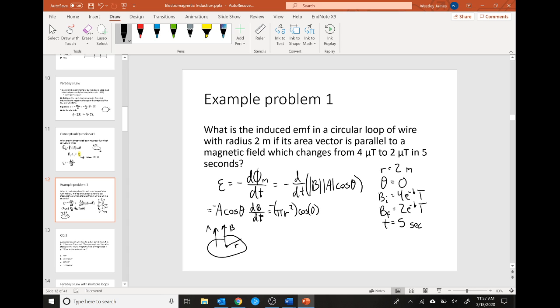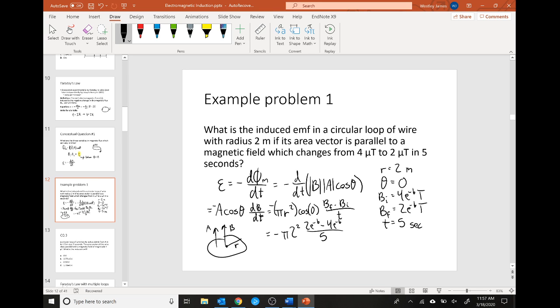I'll put this here to make it B final minus B initial over time. So then just negative pi r squared. Let's start plugging in values. Pi times 2 squared. Cosine of 0 is 1. And then you just get 2 e to the minus 6 minus 4 e to the minus 6 over 5.